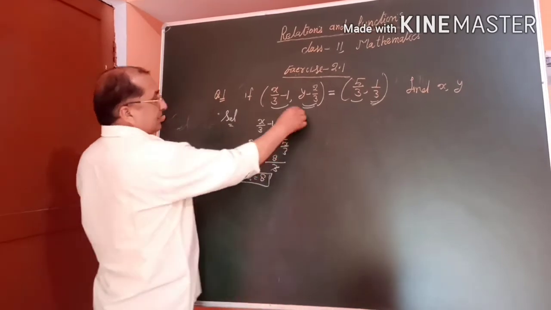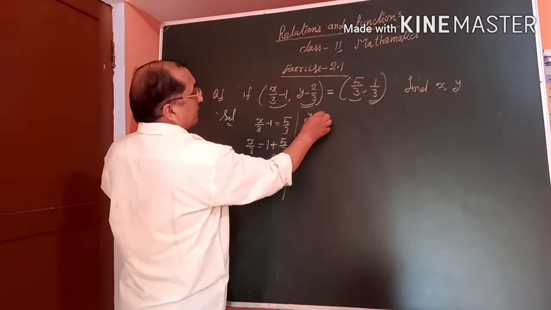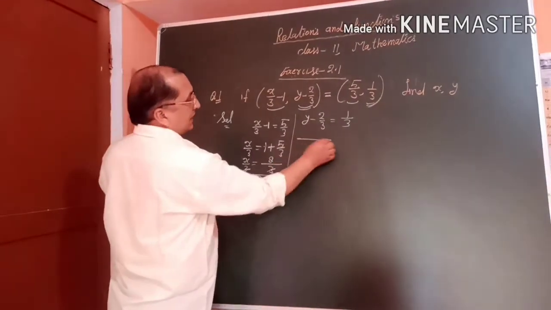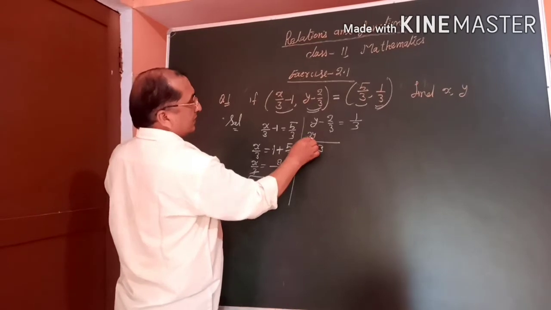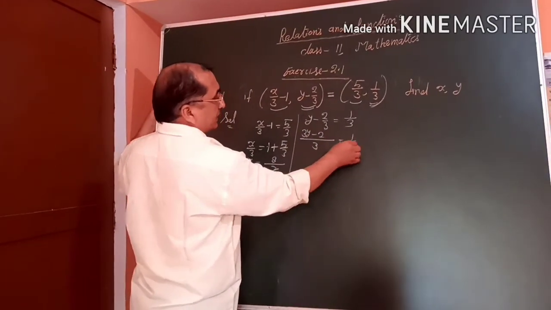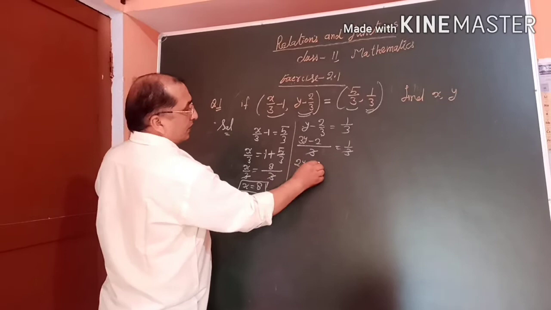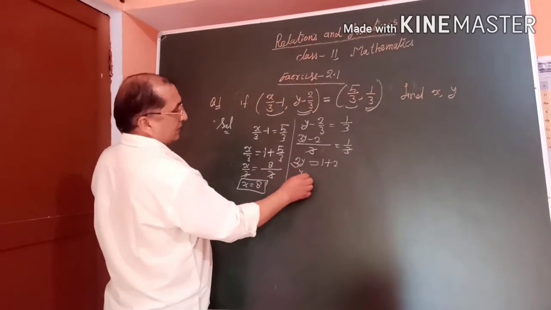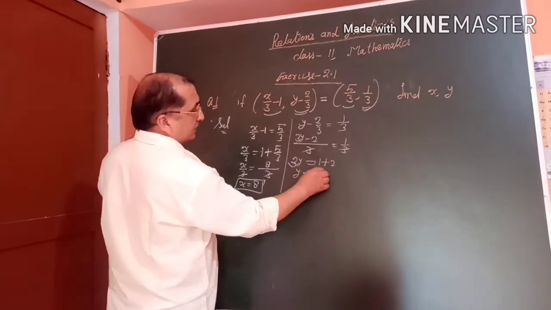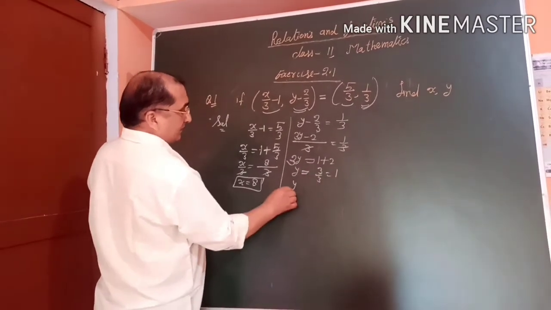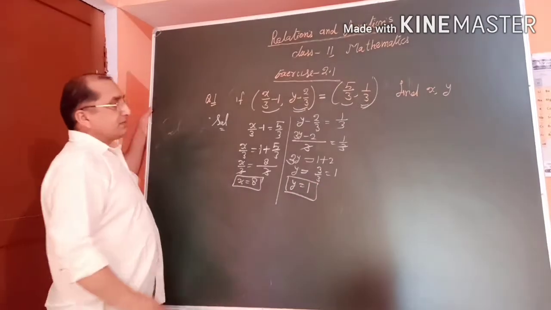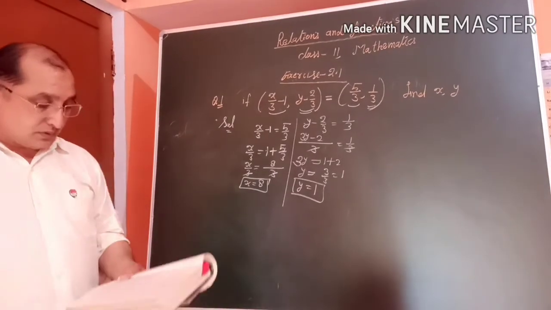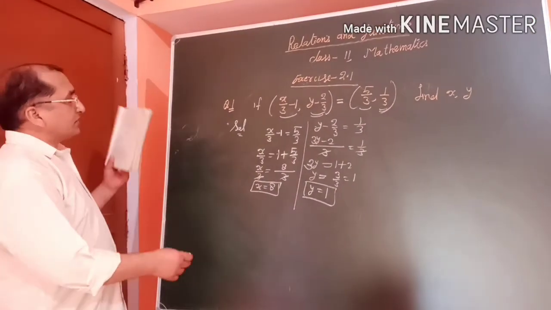In the same manner, y minus 2 upon 3 equal to 1 upon 3, so 3 is the LCM: 3y minus 2 equal to 1 upon 3, the 3s cancel, 3y equal to 1 plus 2, so y is equal to 3 upon 3 equal to 1. Hence y equal to 1, and we have the values of x and y: x equal to 8 and y equal to 1. In the same manner, come to question number 2.